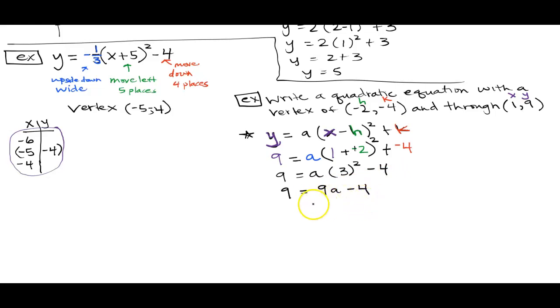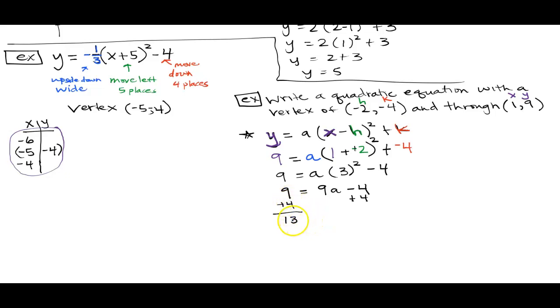I have that simplified, but now I'm trying to solve for a. So what do I need to do to get a by itself? How can I isolate a? We need to move the minus 4 to the other side. Yep, so let's add 4 to both sides. So 9 plus 4 equals 9a.